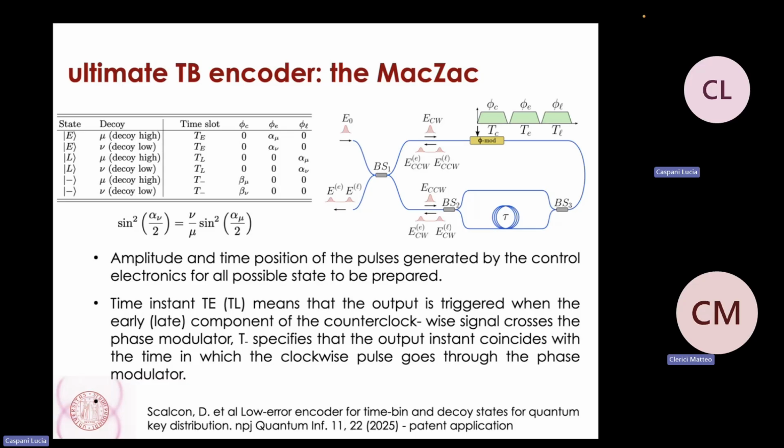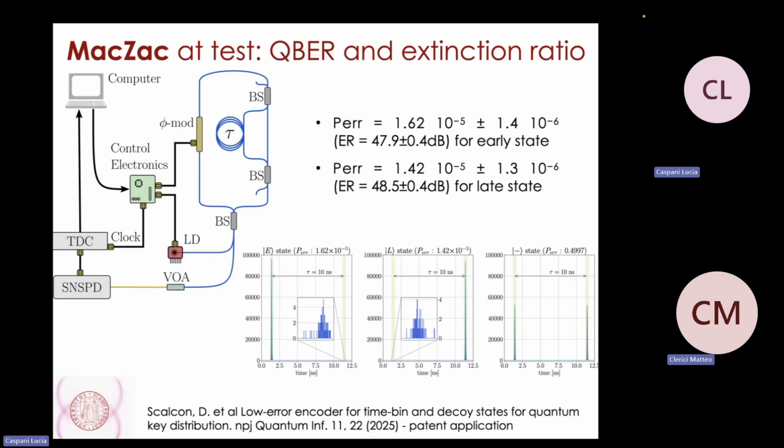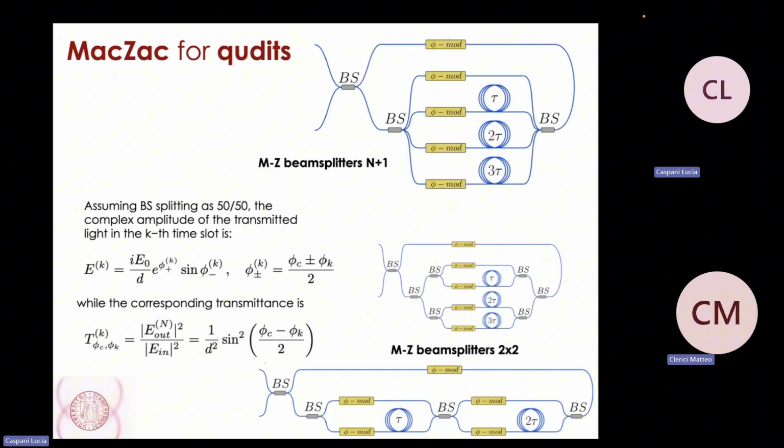And this combination, in particular the cancellation of the field that you have here with a suitable moment in which you start your modulation, allows you to have decoy state, time-bin full state preparation with record low Q-bar, and now the Q-bar is 6.1 times 10 to the minus 5, which indeed is the world record for Q-bar at the source. By using more nested Mach-Zehnder, you can also do QDIT with the same system.